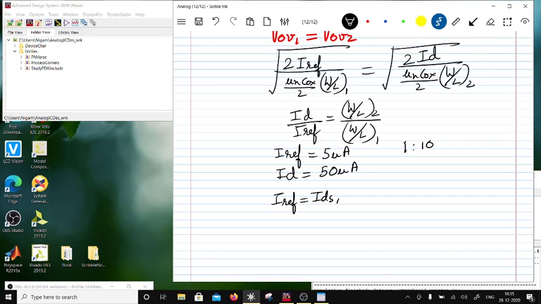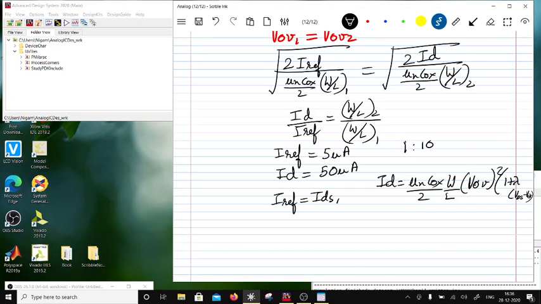This equation is correct when, if you see, ID is equal to mu n cox by 2 W by L times V overdrive square, times 1 plus lambda times VDS minus V overdrive.